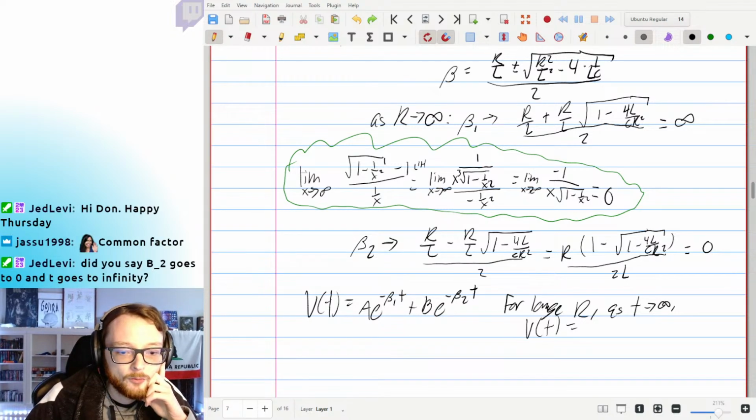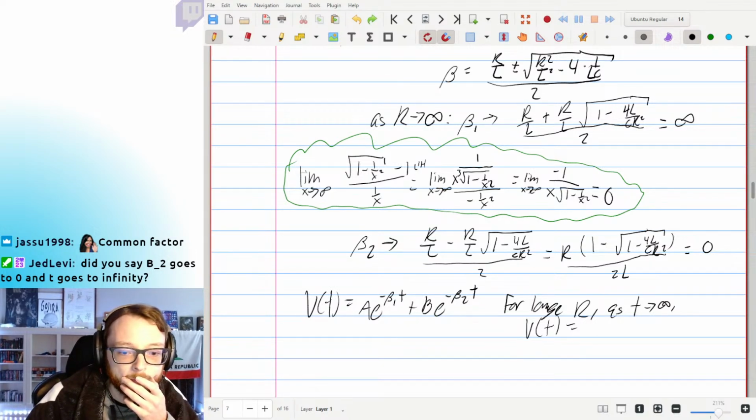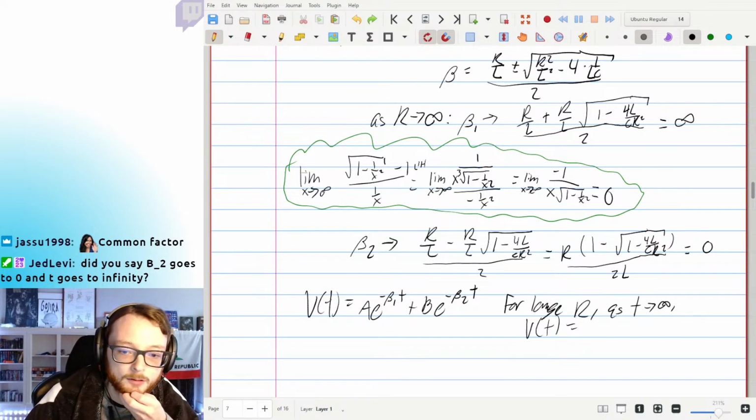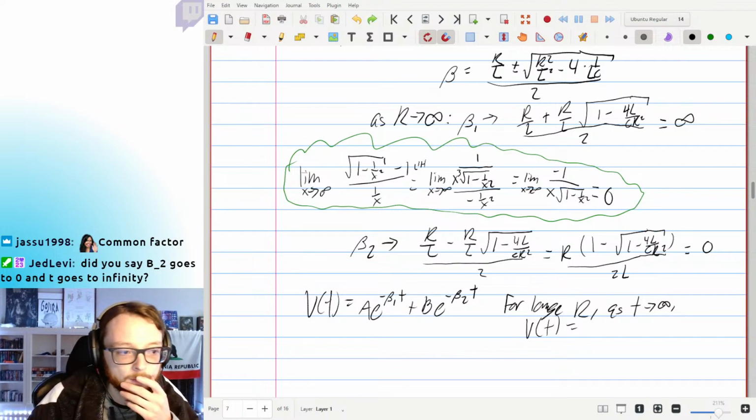Yeah, so I'm concerned about this term here. Beta 2 is this right here. And for a large R, I concluded that that becomes 0. Maybe I should verify that. Because they're basically asking what happens with this equation for very large resistance and very large time.